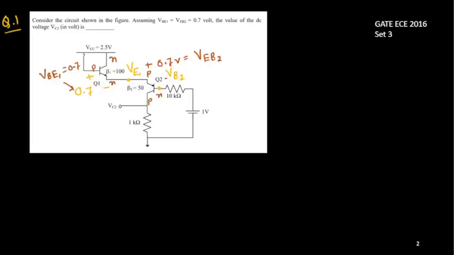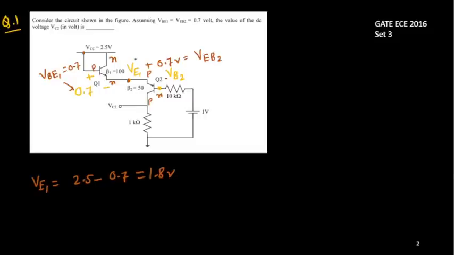So you can see that this potential is 2.5 volt. This gap is 0.7, so obviously VE1 will be 2.5 minus 0.7. This is the loss, a drop. So 2.5 minus 0.7 is 1.8 volt. That's simple.